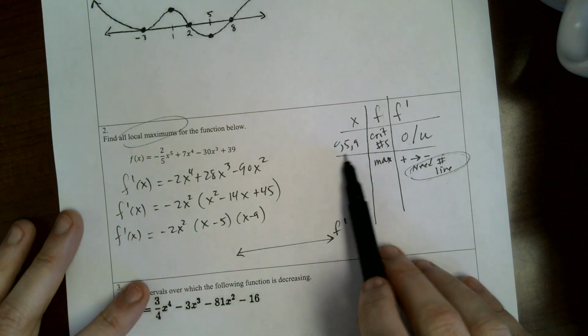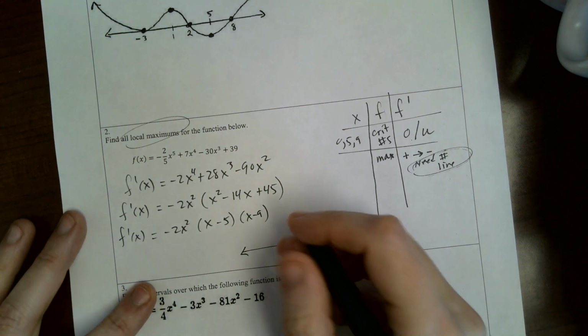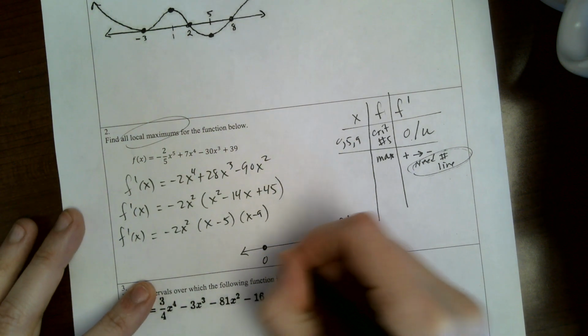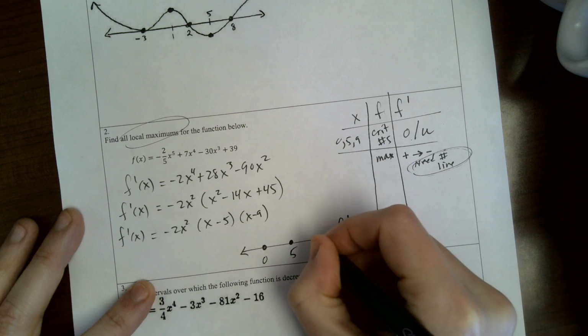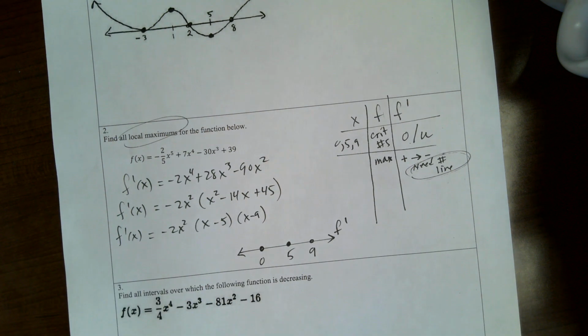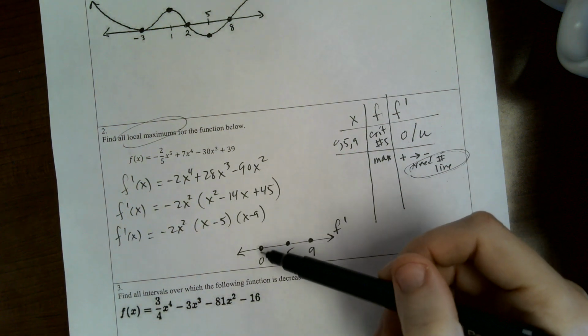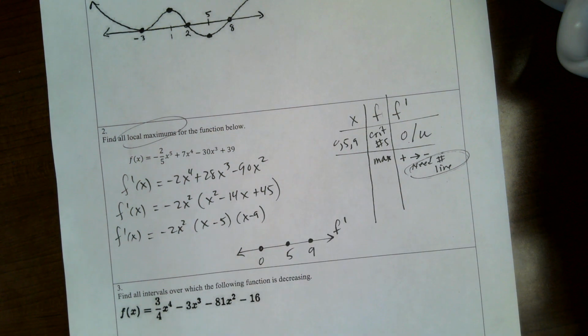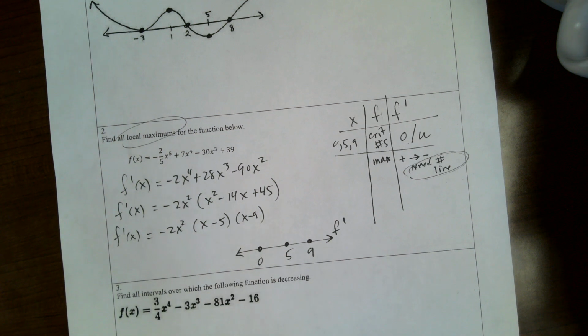Then I'm going to take my critical numbers and put them in order here. Okay. So right now, we've got 1, 2, 3, we've got 4 sections to this number line. And we're going to plug in a testing point from each section into the derivative and see if we get a positive or a negative outcome.